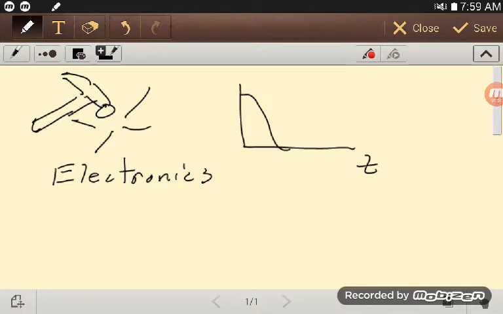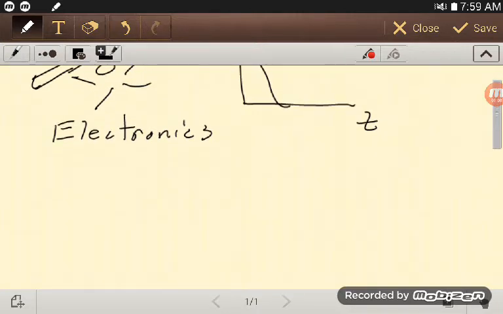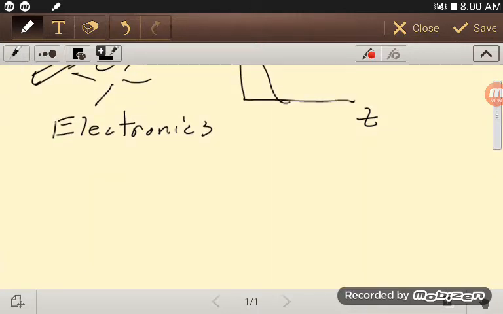And so it might be reasonable to model this with a very special kind of function. So let's consider a function like this, where here's t, and what I'm going to do is go out to some value tau and make the height 1 over tau.